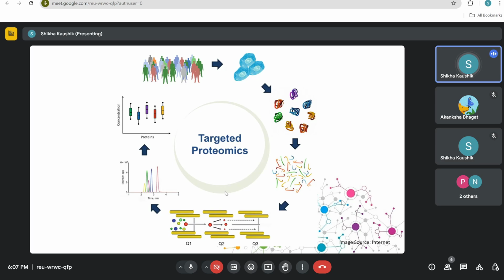But in targeted proteomics, you take some known proteins and you want to study the changes in that particular protein only. So this is what targeted proteomics is.